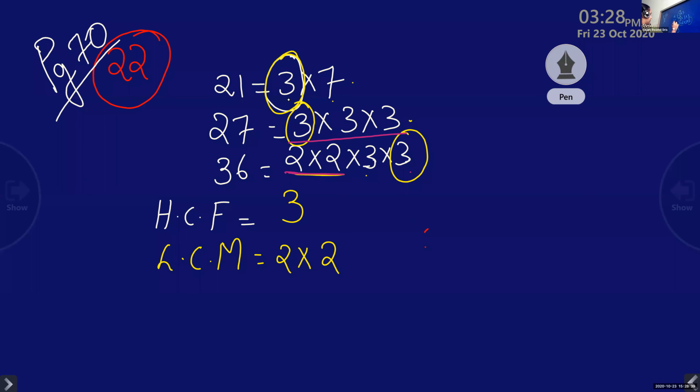Yes? Here 3 is repeated maximum how many times? 3 times, Isha? So we have to take 3 into 3. Here we have only 2. Here we have 3. Here we have 1. Okay. So which is the maximum number? 3 is repeated maximum 3 times.